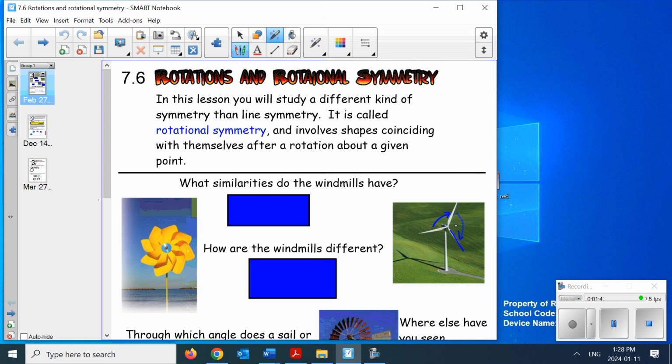These have rotational symmetry. And I think you can pretty easily see with this windmill here that it has 3 positions of symmetry, right? Whereas this one has 1, 2, 3, 4, 5, 6, 7, 8 positions that are identical, right?